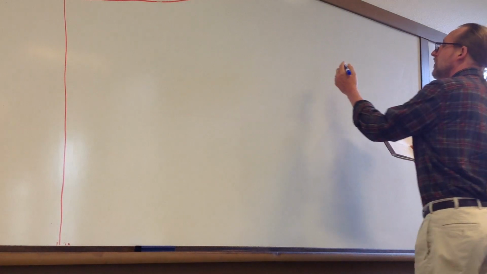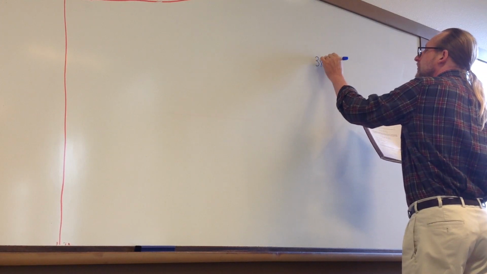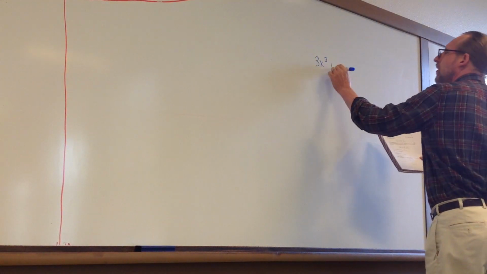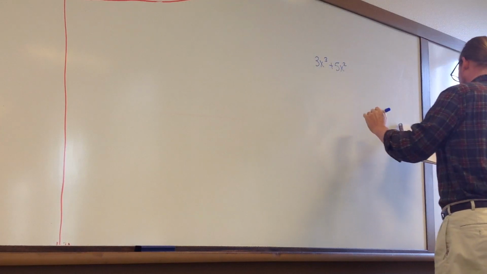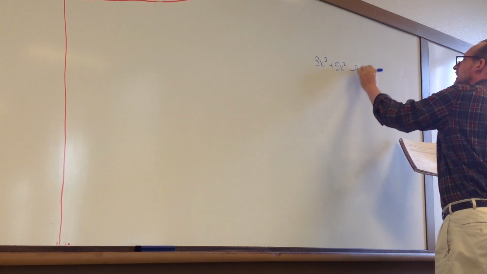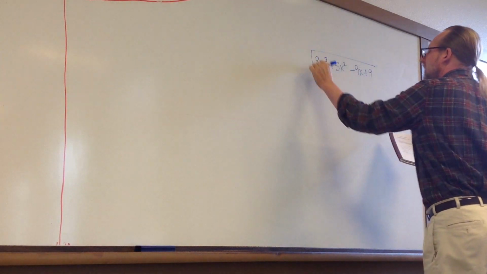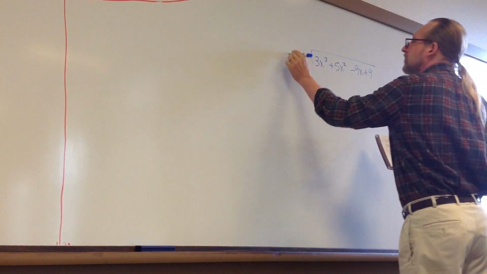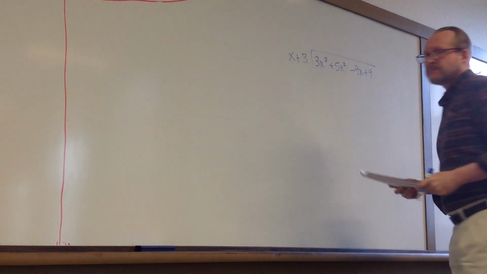Okay, on page 123, this problem is 3x cubed plus 5x squared minus 9x plus 9, and we want to divide that by x plus 3.